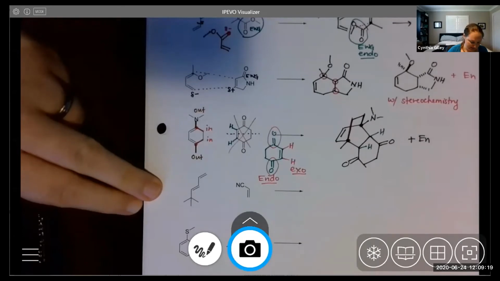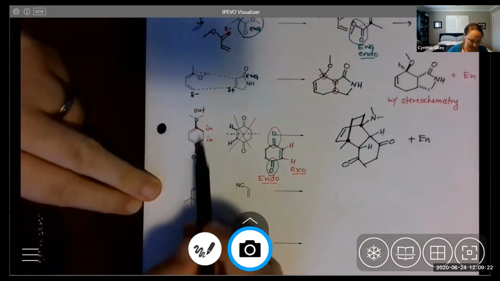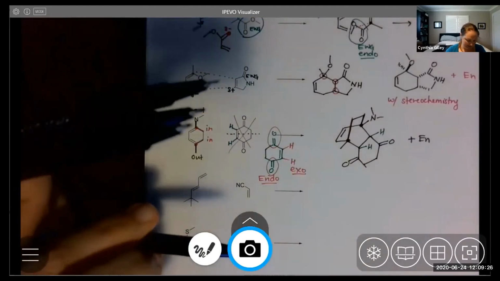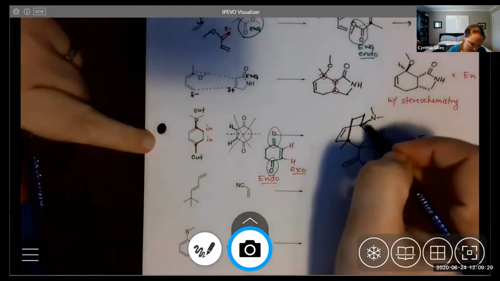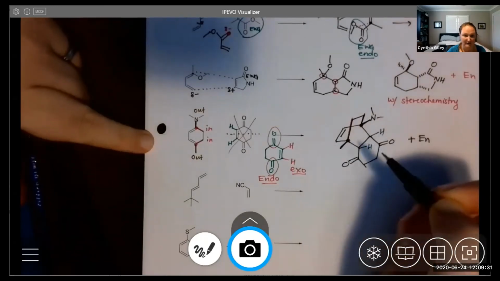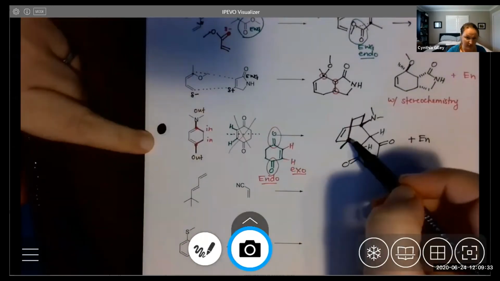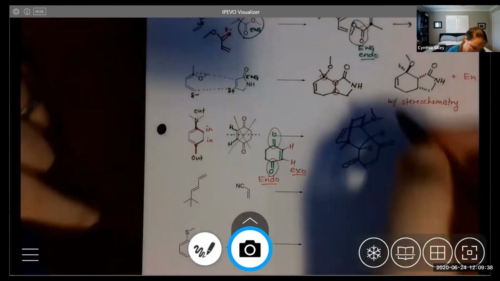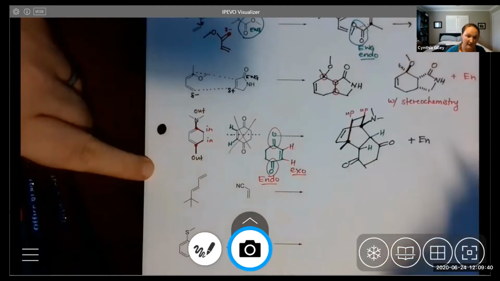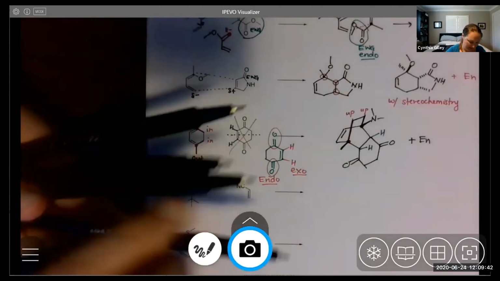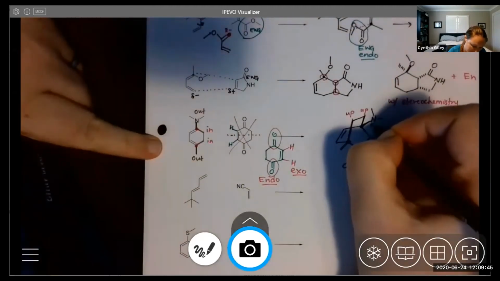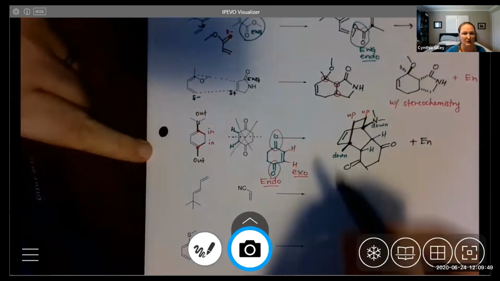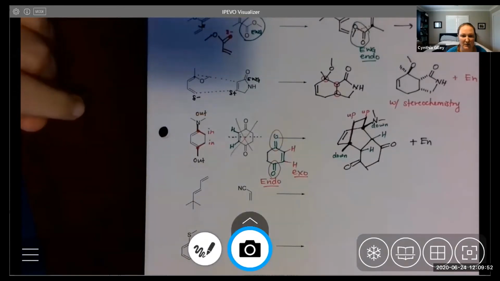Whereas relatively speaking, the methyl and dimethylamine are going to end up down, and these are down in space compared to the others. See that? In became up, and outs became down. So if you draw it the way I drew it, it has the correct stereochemistry.